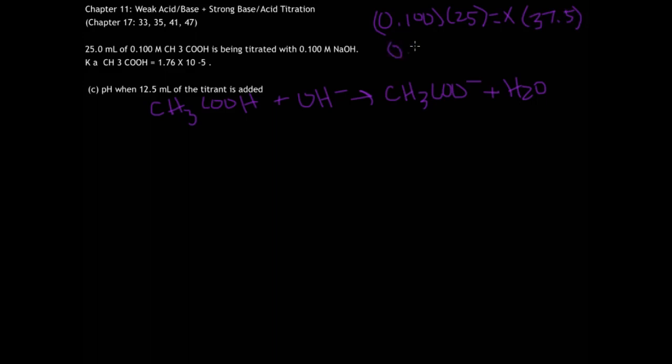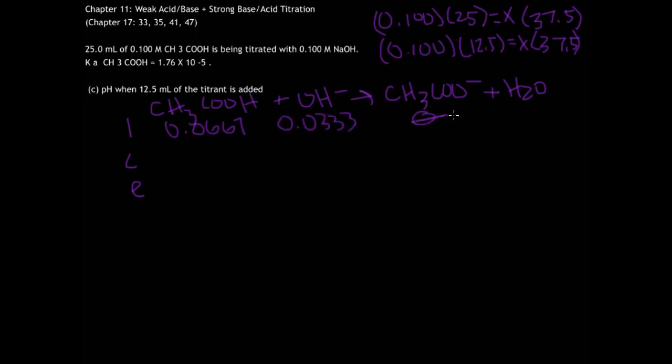Then you do this again, but for the base. So the base is 0.1 molar. You're using 12.5 milliliters of it. Our final volume is 37.5. That will give you the molarity of the base after the dilution. So ICE. Again, it's a limiting reactant problem. The acid is 0.0667, and this is 0.0333.